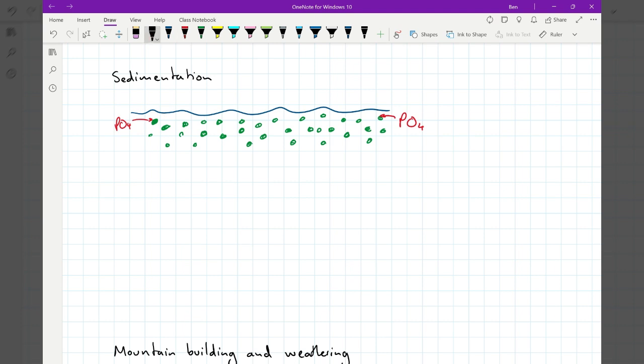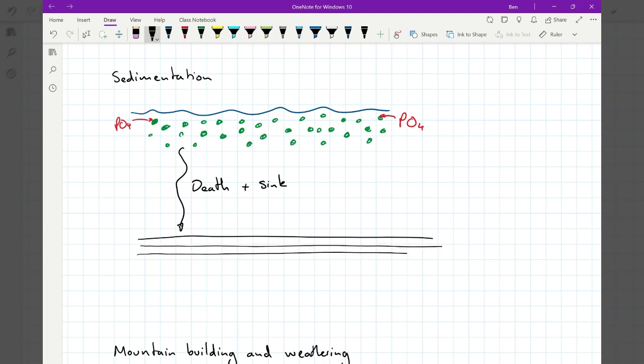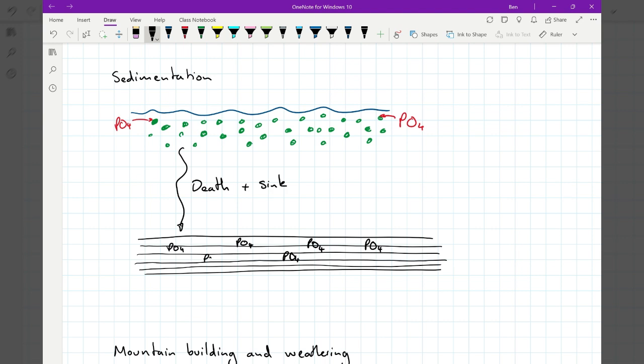When they die, they sink and form sediments on the ocean floor. And quite often, because the ocean floor is cold and dark and low in oxygen, there will be limited decomposition. So those phosphates are going to be locked up in the sediment. So this is sedimentation.